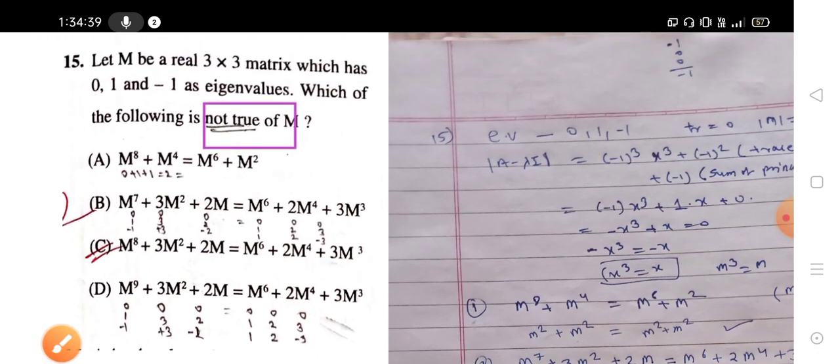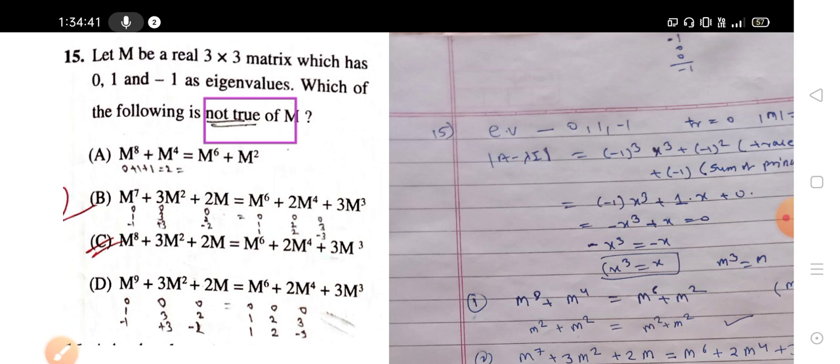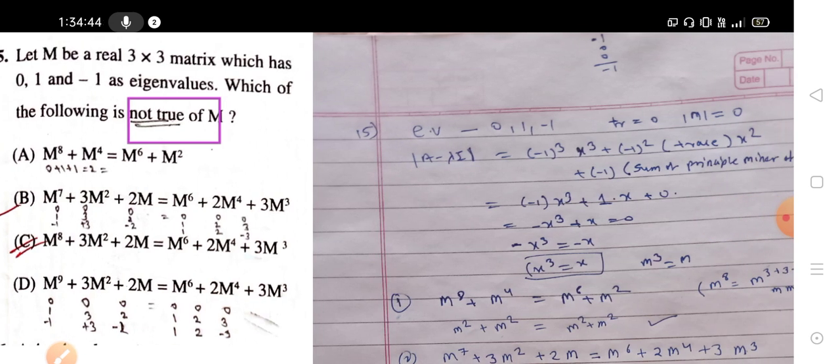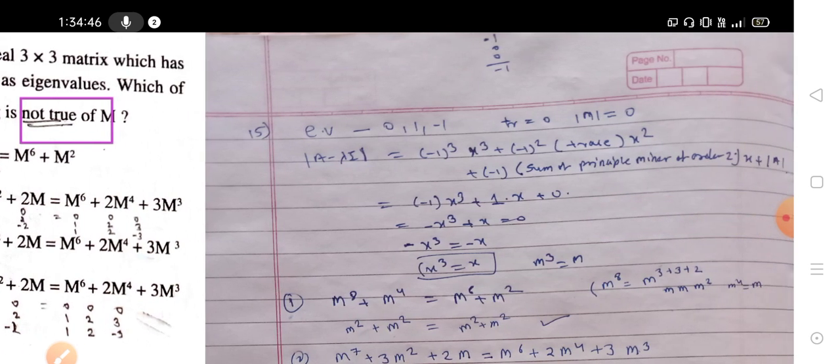Now check the options. Option A: M raised to 8 plus M raised to 4 equal to M raised to 6 plus M square.